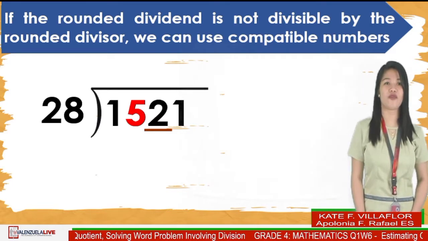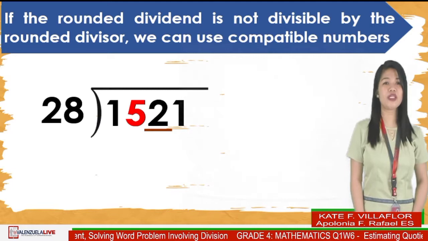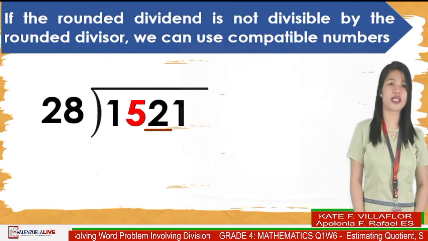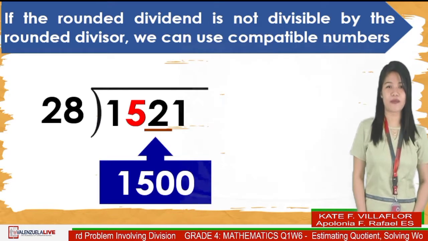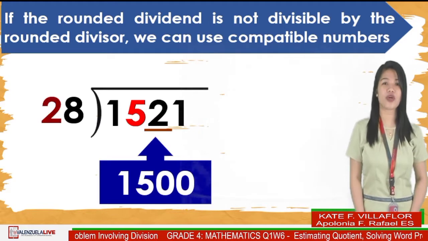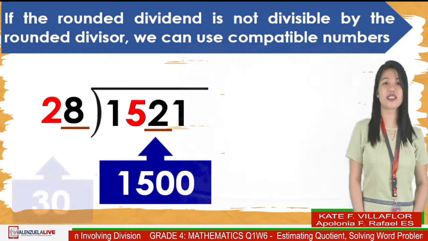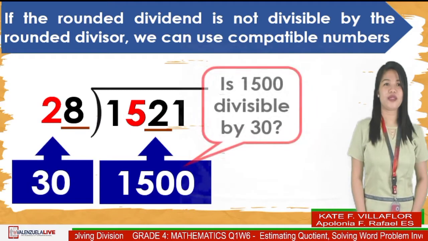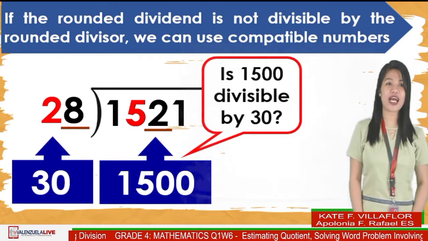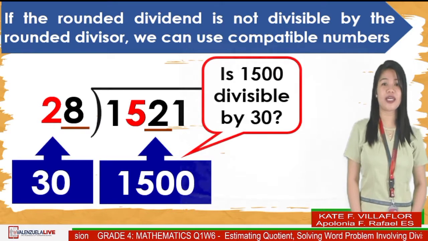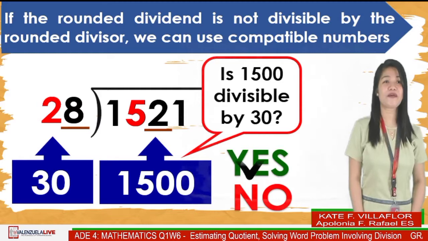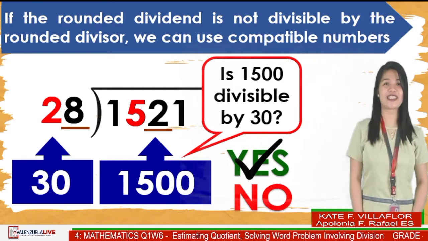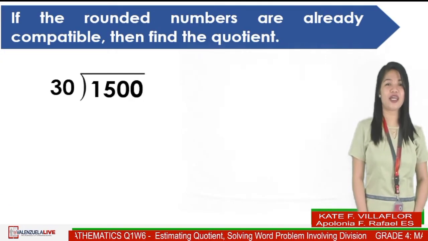That's why the compatible number of 1,521 is 1,500. And if we round off 28, the answer is 30. Is 1,500 divisible by 30? Yes or no? Good job. The answer is yes.